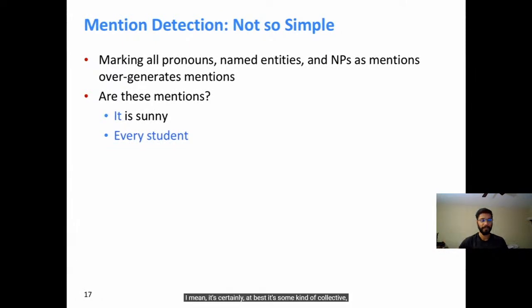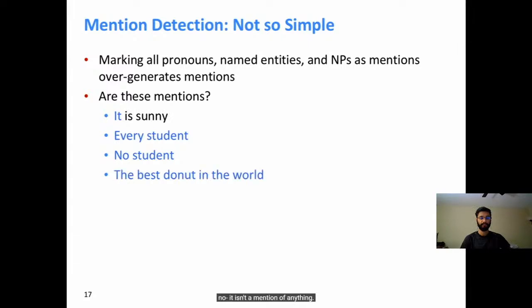At best it's some kind of collective, but it's not a very clear, concrete reference. That goes further if I use different quantifiers. Every and no are called quantifiers. No student definitely doesn't have reference because it's not pointing at anything. It's asserting a claim of non-existence, so it definitely isn't a mention of anything.